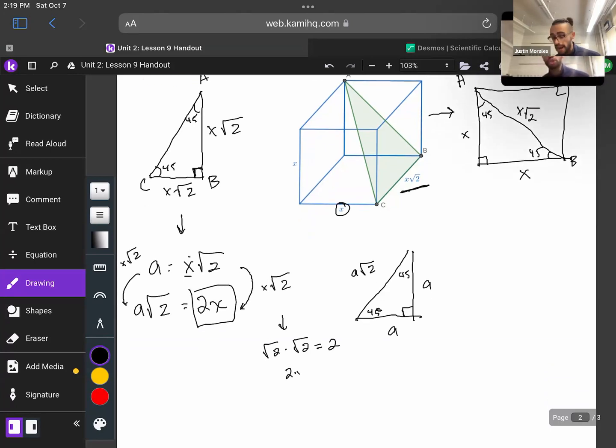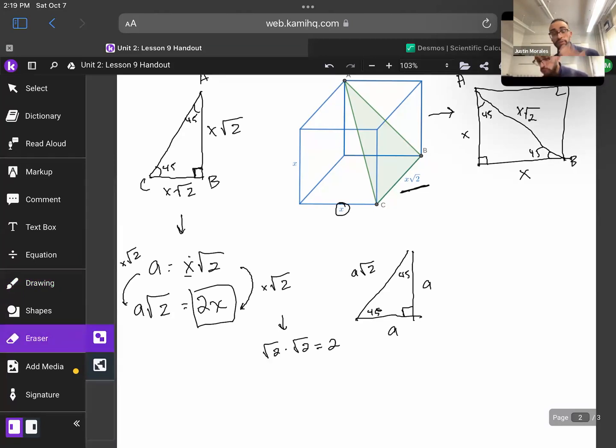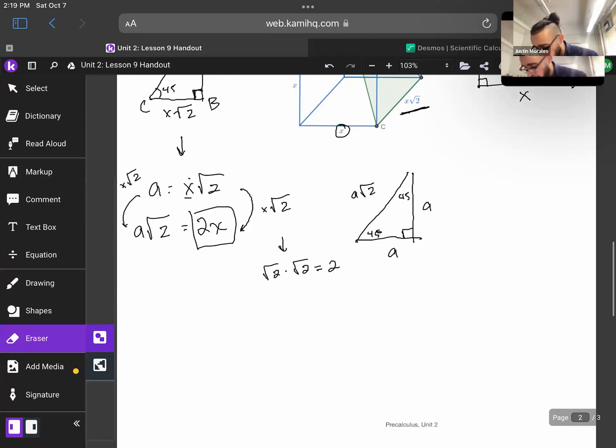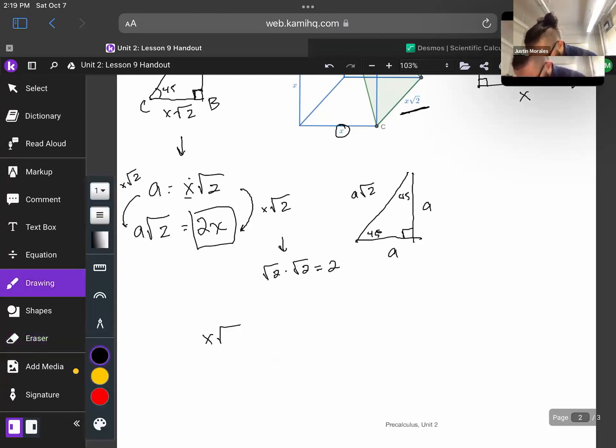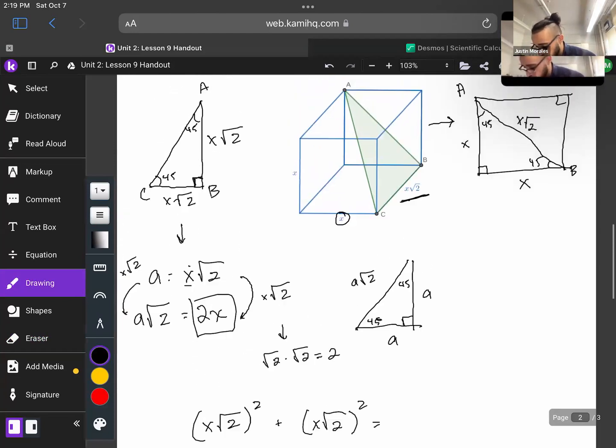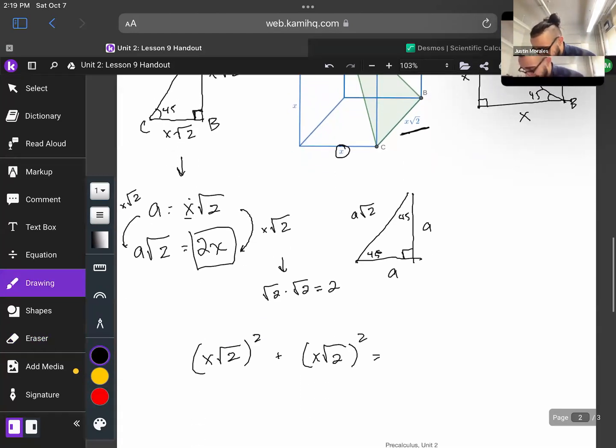Or we could just use the Pythagorean theorem, since we have the two sides of the right triangle, to figure out the hypotenuse. So let's double check our work. It will be x radical 2 squared plus x radical 2 squared, and that is going to equal line AC squared.